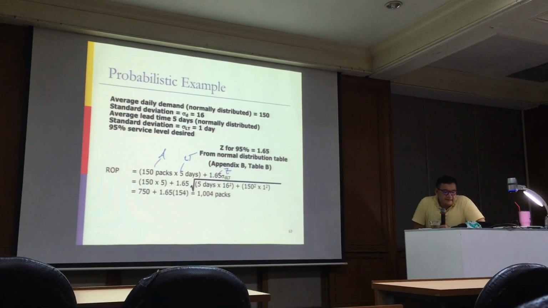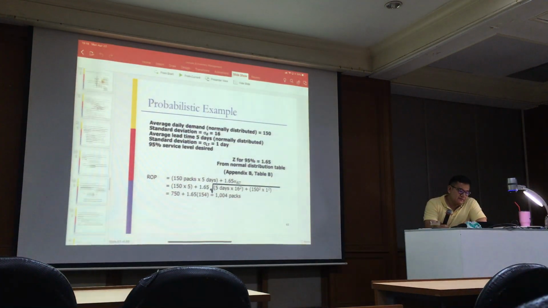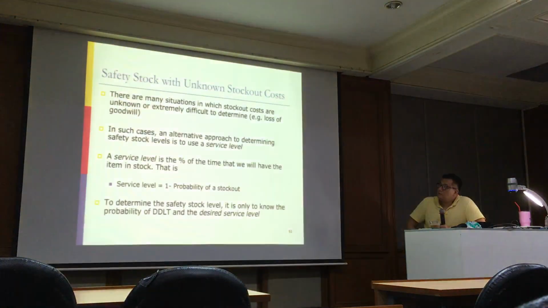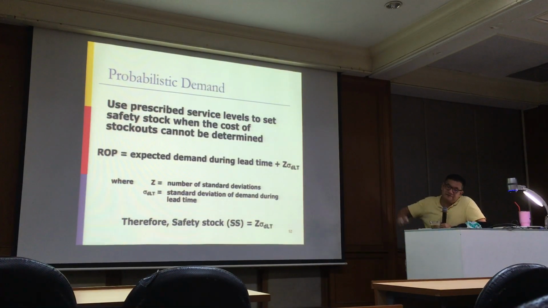So my point is that everything uses this formula, but under different conditions. The first condition that I explained means you know the properties of demand during the lead time.